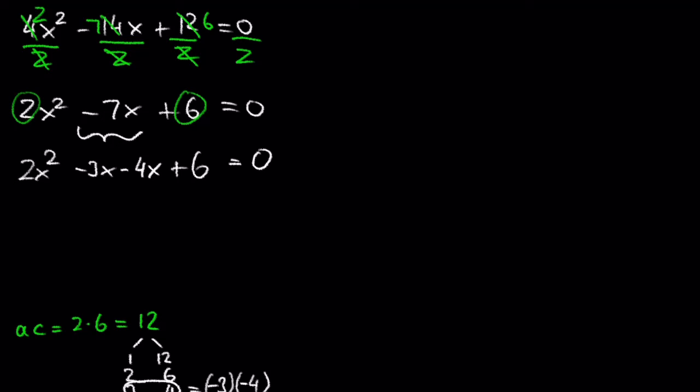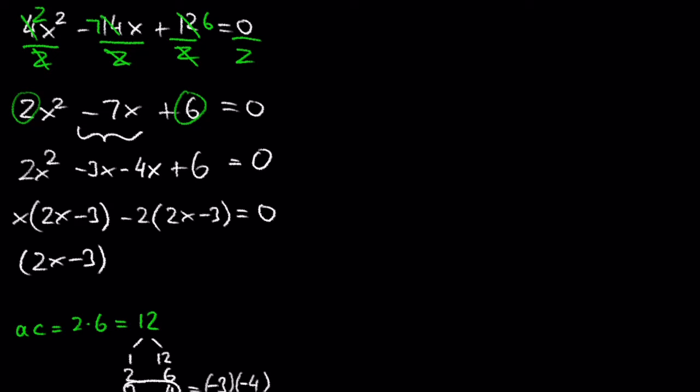And after factoring by grouping, we get x times 2x minus 3 minus 2 times 2x minus 3. Now after factoring out 2x minus 3, x minus 2 is left over.